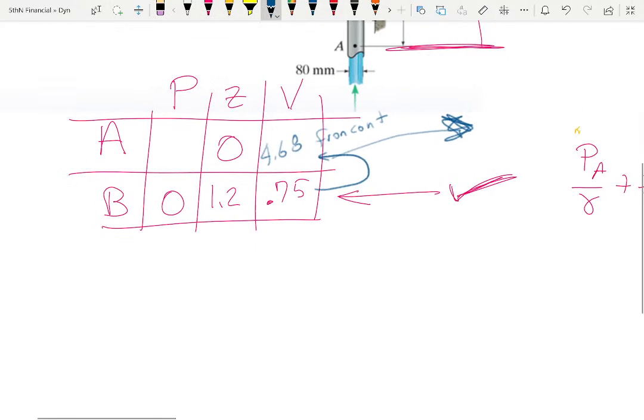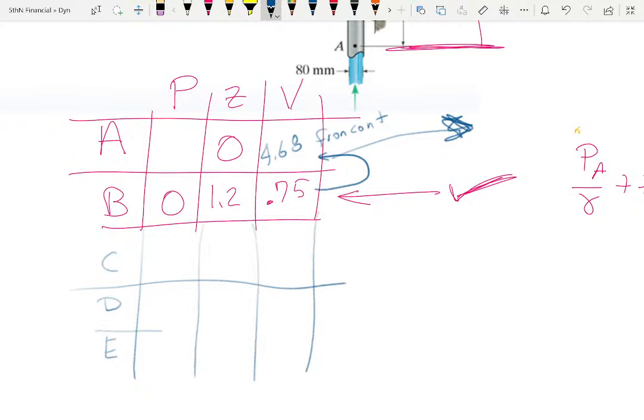If there's a continuity issue, like if you had a C and a D and an E, new points in there that he's asking questions about, if you knew the diameters, you could fill out all of these. Then you would have to know physically where they're located.